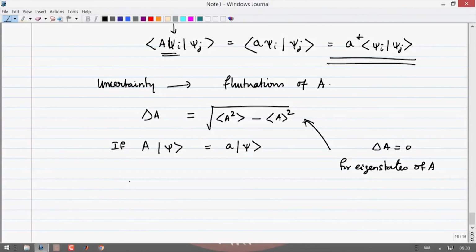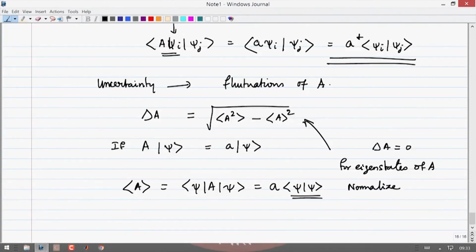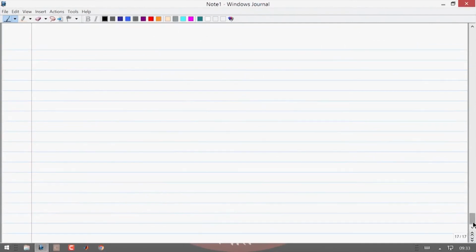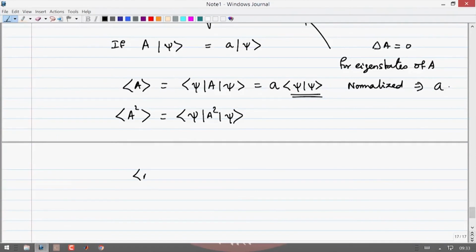It's easy to calculate because you know what the average value is. The average of A is psi A psi, and this is the constant A times psi psi, and let us assume that this is normalized, and therefore the answer is A. What is the average of A squared? It is psi A squared psi, and that is easy to see if you write A squared as A times A, as you have done with the p squared operator.